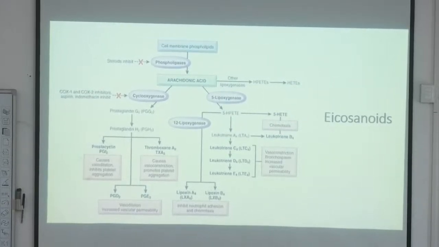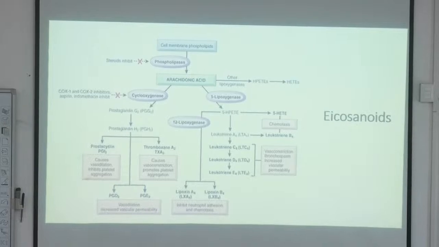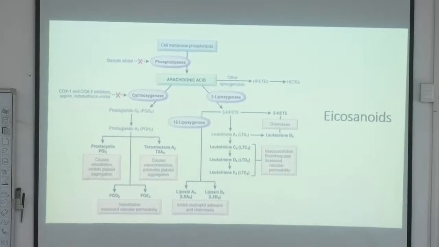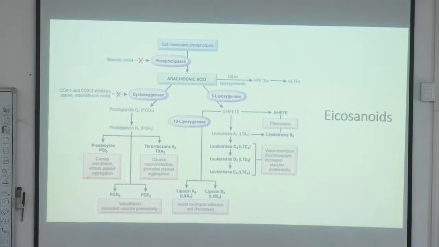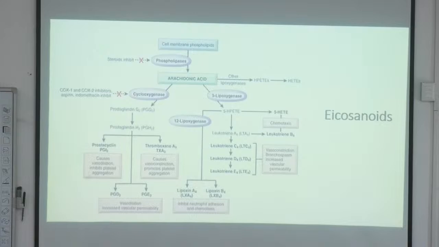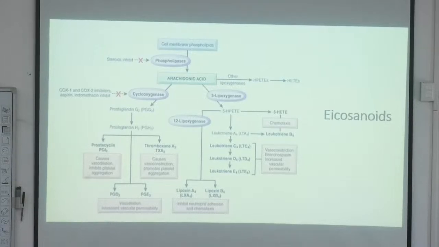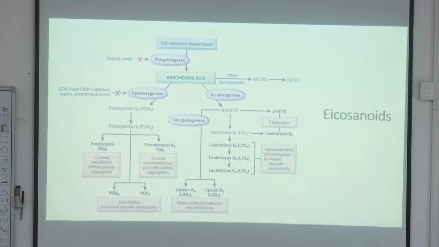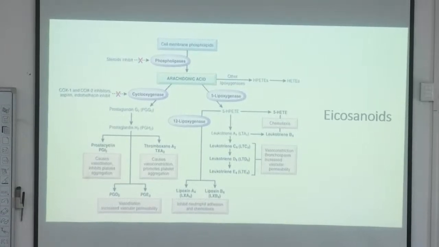Prostaglandin and thromboxane have antagonistic actions. Prostaglandin and prostacyclin are vasodilators, but on the contrary, thromboxane A2 has a vasoconstrictor effect.